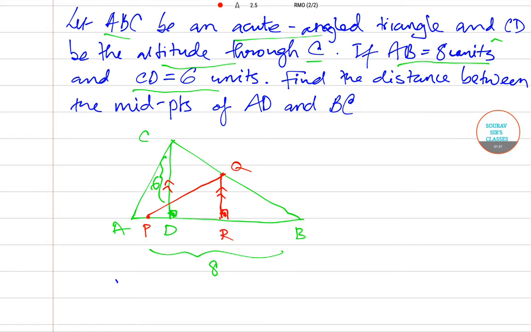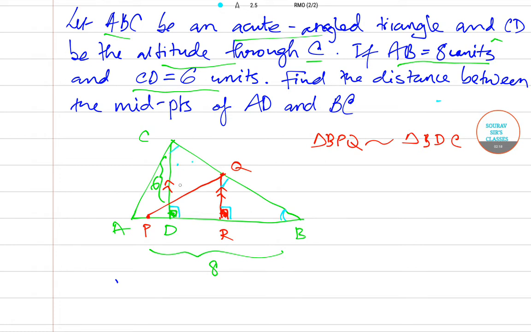Now coming to the question in hand, we have triangle BRQ and triangle BDC similar, since this is a 90 degree, this is a 90 degree, and this is a common angle, and hence this angle will also be similar.